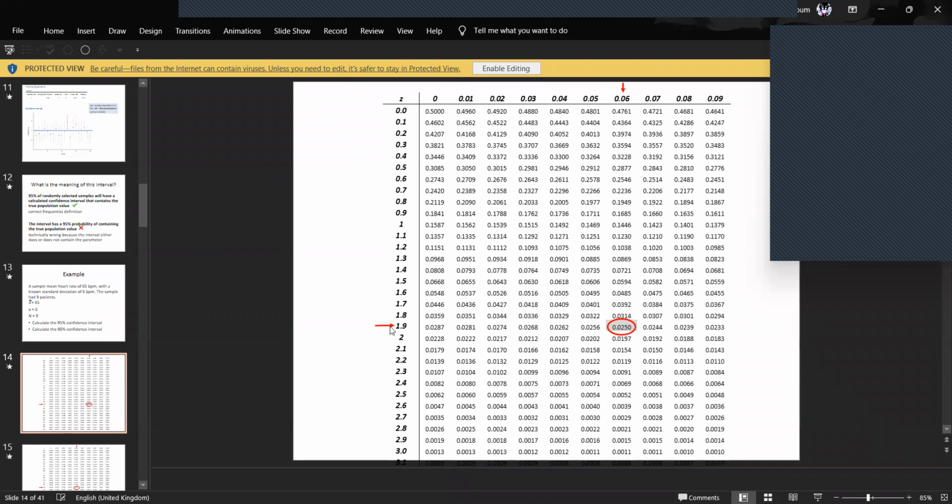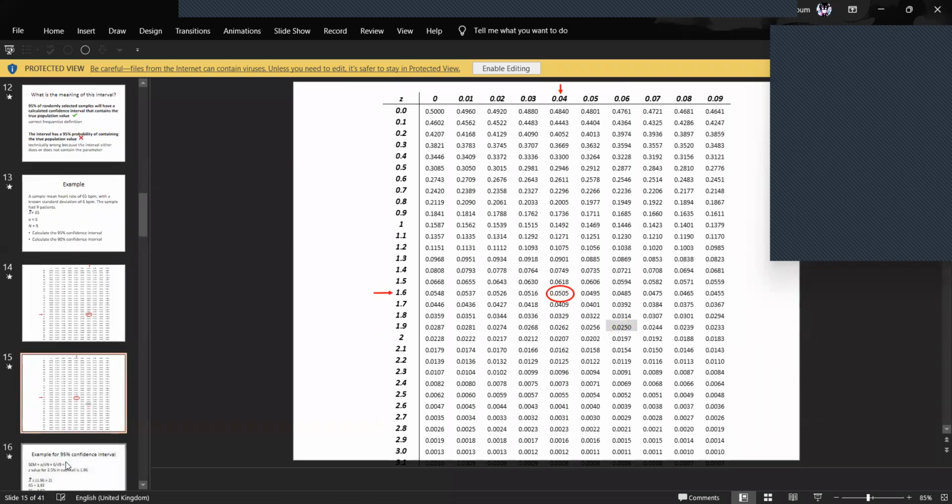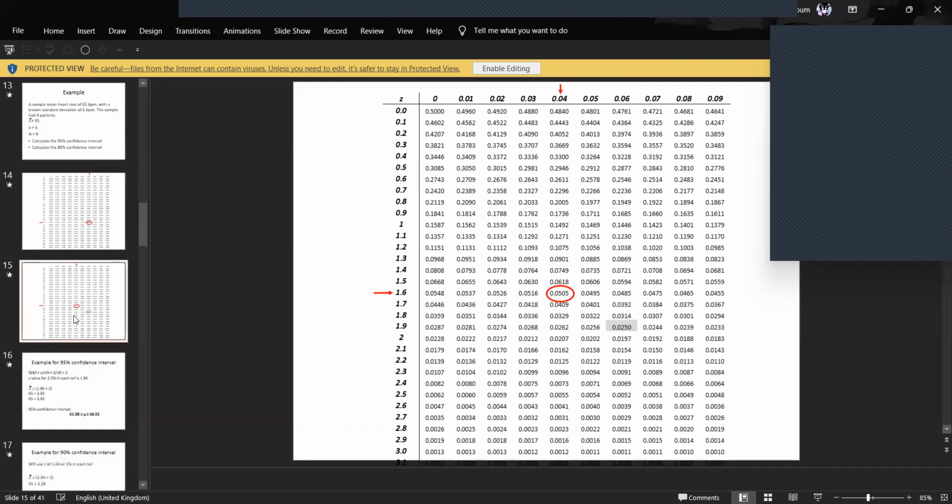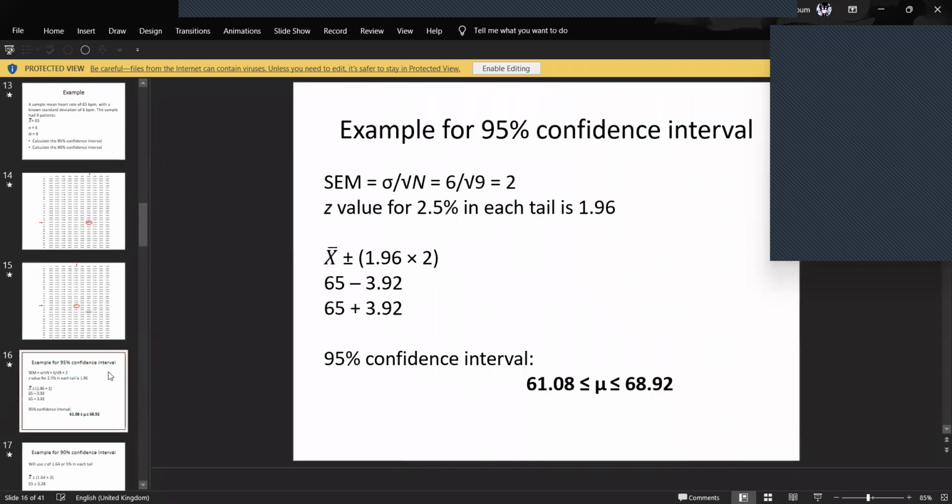And so the Z value for 95% is 1.96, and the Z value for 90% is 1.64. I just said that in a whole bunch of words. That's the point that you need to know. Okay, 1.96 for 95% confidence, 1.64 for 90% confidence. The explanation isn't important. All right.